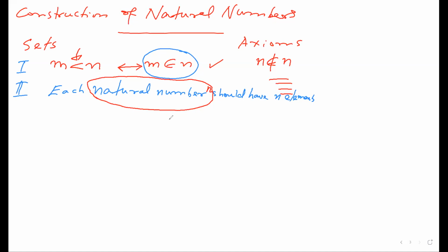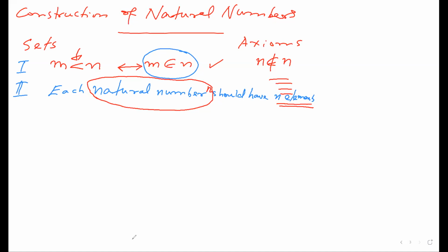This is another property that we somehow want to code, the fact that this is a number, like people usually say, we will say it has n elements.